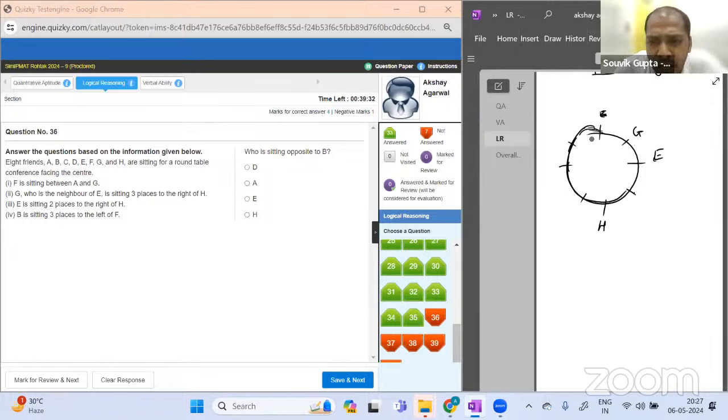F is sitting between A and G. Does that mean A is here, F is here? Are they exactly 3 consecutive places, or is F somewhere in the center of A and G?